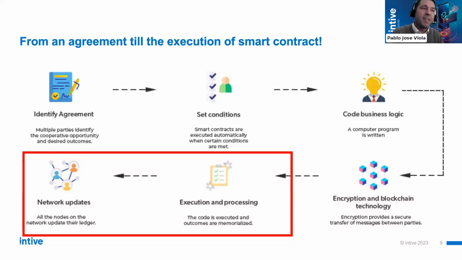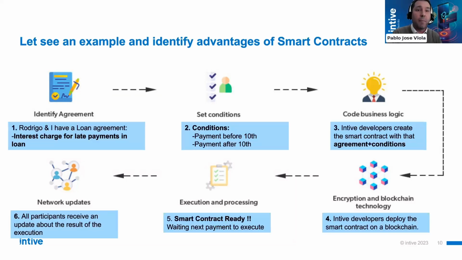Let's see with a very simple example how we can follow these steps. Imagine that Rodrigo lends me some money. Not too much money, but some money. So we define an agreement between us, and the agreement is that an interest charge will be applied if I make a late payment to Rodrigo.